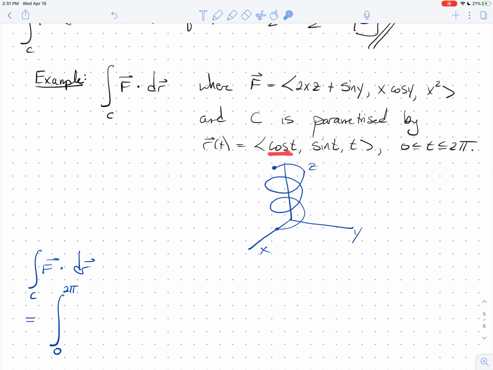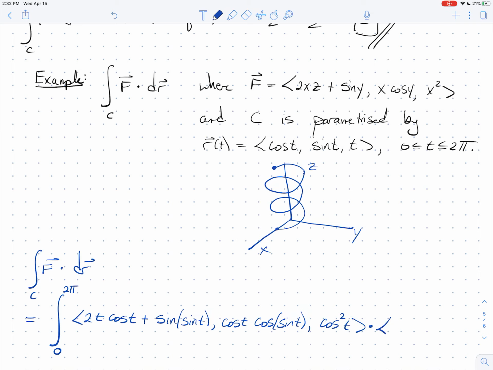Then you take your parameterization, x is cosine t, y is sine t, z is t, and plug that into F. So I'm going to have the vector 2 cosine t times t, which simplifies to 2t cosine t plus sine t, comma, cosine t times cosine of sine t, comma, and then the last one is just x squared, so cosine squared t.